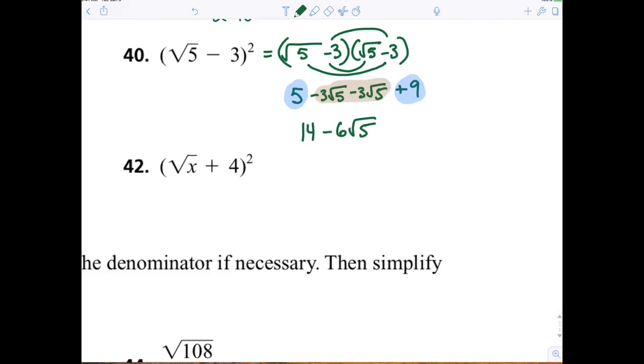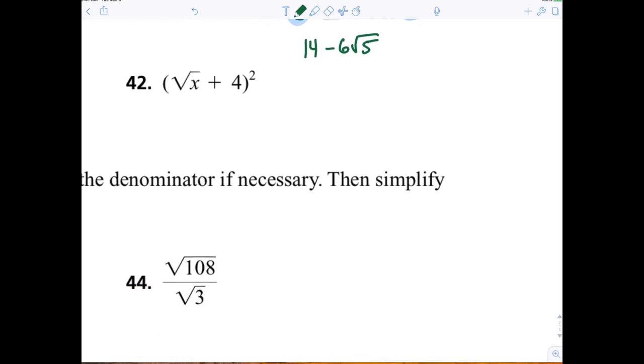All right, 42. See if you're doing 42 correctly. Square root of x plus 4, square root of x plus 4. 30 seconds.